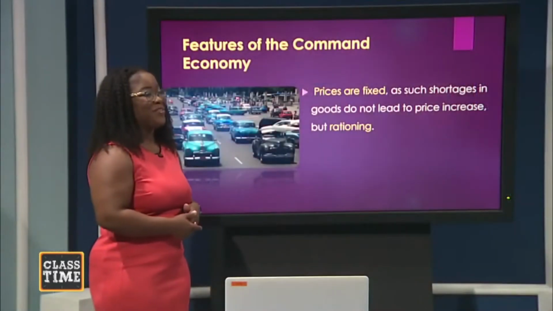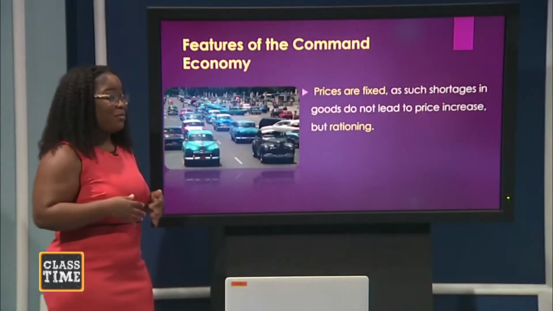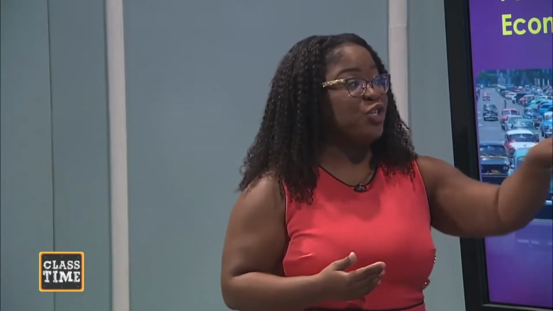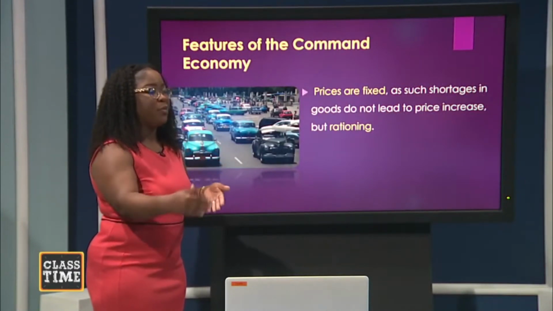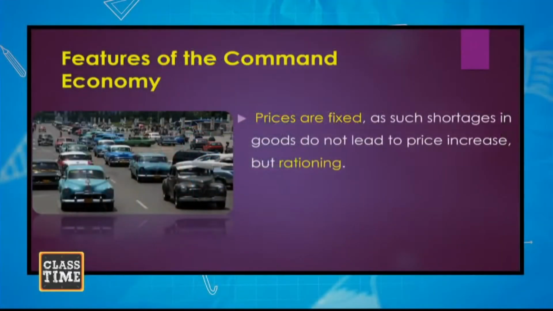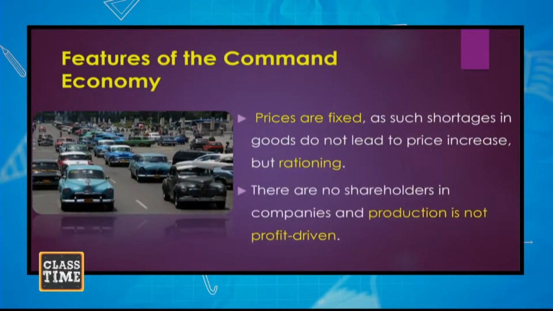So it means that in our economic system that we have in Jamaica, if there is a shortage, there's a price increase. But in the command economy, where shortages exist, it doesn't spark a price increase. Instead, there's a scale back where there's a restriction on how much one person can buy. So that's what we consider as rationing.